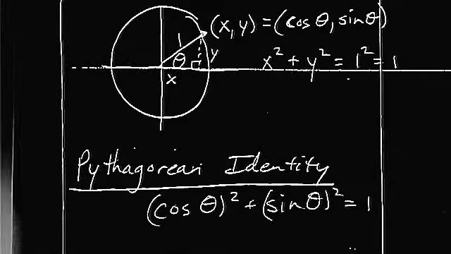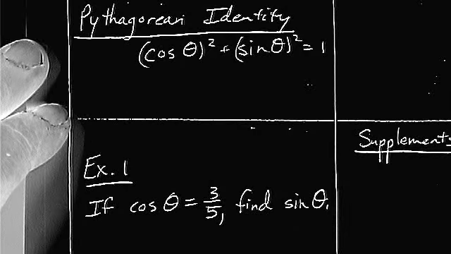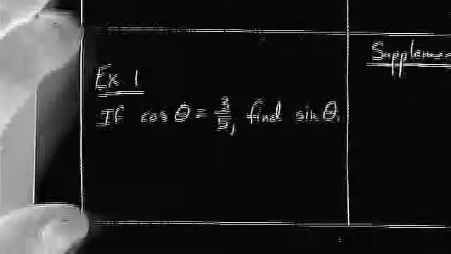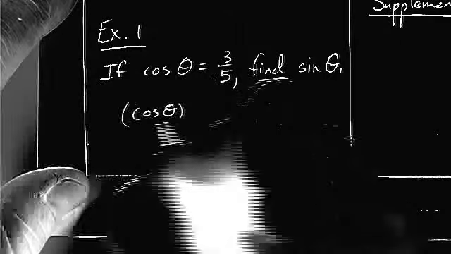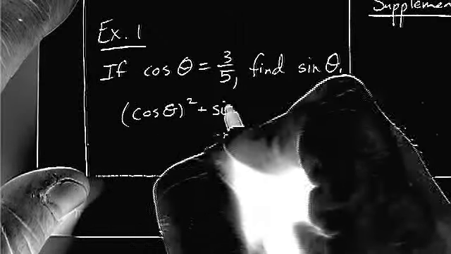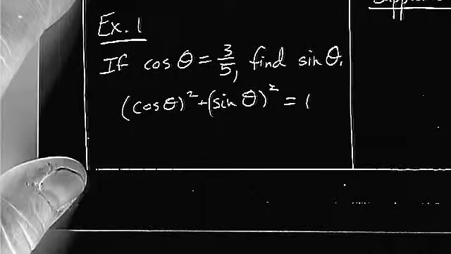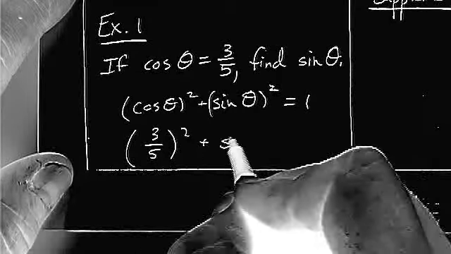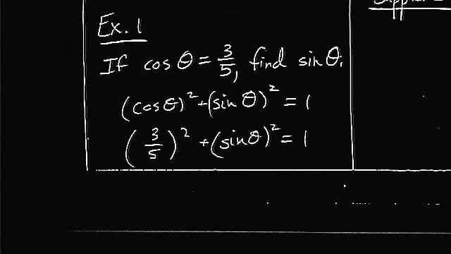And how can we use that? Well, if you know an x value, but you don't know the y value, such as the example that you see below, we can use this theorem. So cosine theta, I'll just write it out again so we can see it on screen: 3/5 squared plus sine theta squared equals 1.